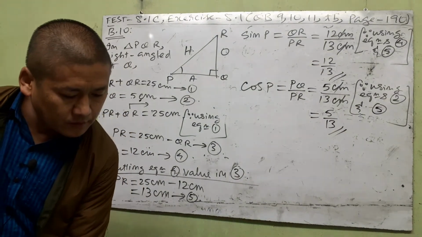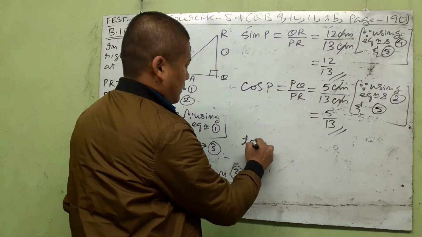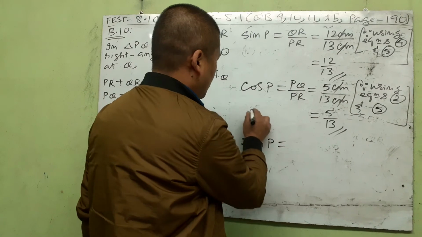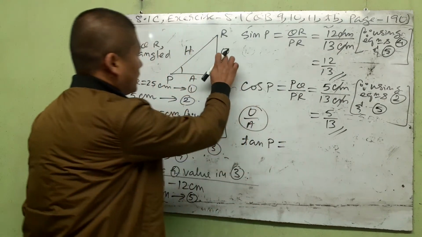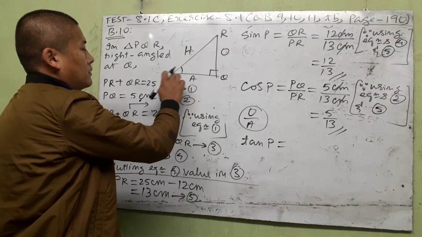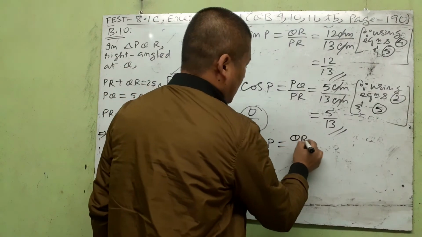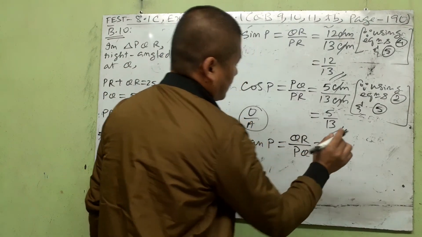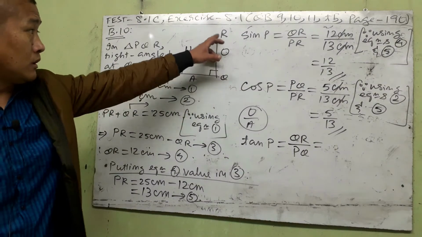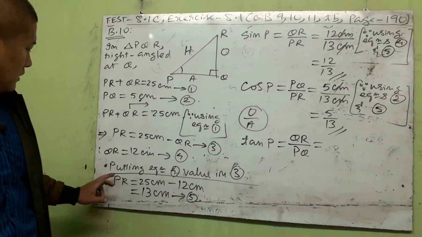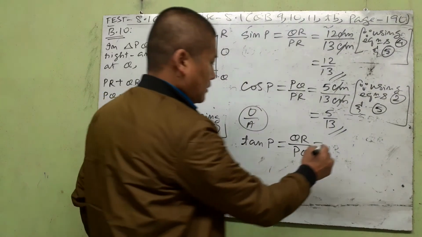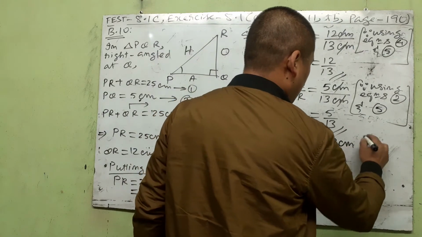Okay, then last finally tan P. So tan P is opposite by adjacent, so opposite here, QR, by adjacent, PQ. QR by PQ. So QR is here, as you can see here, 12. So you have your 12 centimeter.